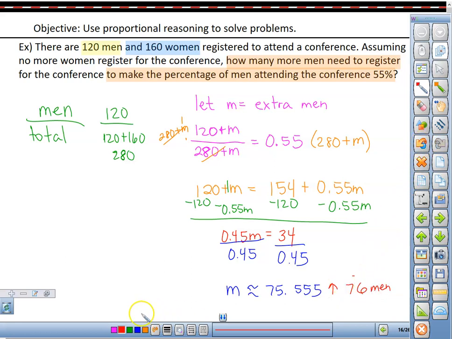And then we write our conclusion. So that's how many more men need to register for this conference so that the percentage of men is 55%.